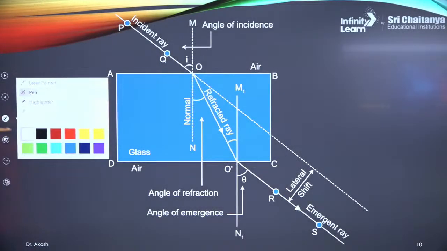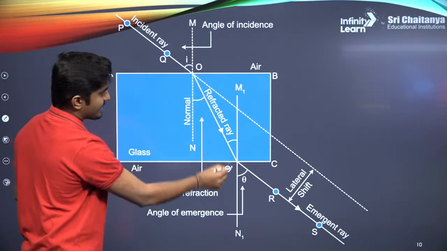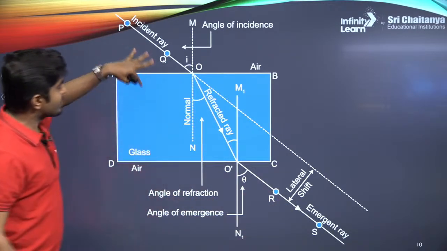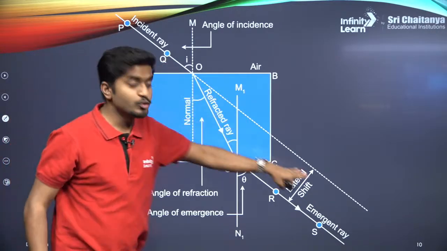You see, there is a complete diagram. There is an incident ray, then the refracted ray, the emergent ray. Let's suppose there is no glass slab, what will happen? The incident ray will follow this path.